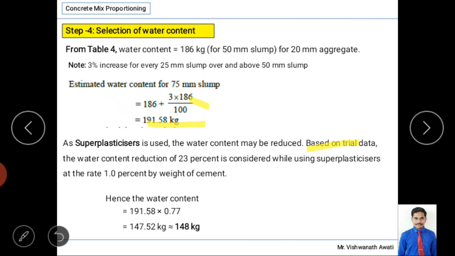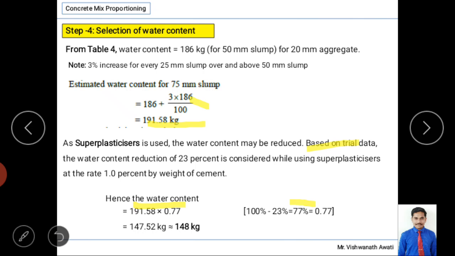Hence the water content is equal to 191.58. How did we get 191.58? From the previous calculation. But we have to take only 77%. Why 77%? Because out of 100% we reduced 23% by using superplasticizers, and the remaining is 77%.